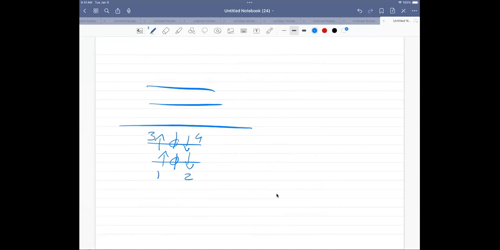So when you run the Hartree-Fock calculation, then what you would see is that the matrix elements of the Hartree-Fock matrix will be 0.